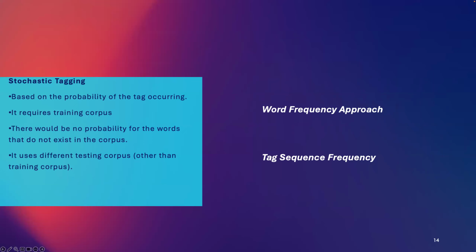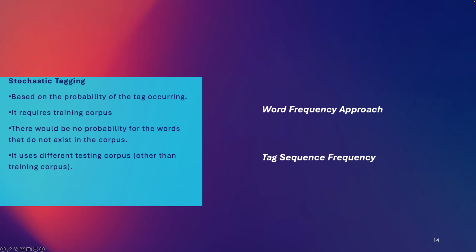There are a number of different approaches to the problem of part of speech tagging that can be referred to as stochastic taggers. In this approach, how we separate words, or disambiguate, you will see the word disambiguate in the literature, so I wanted to underline it here a couple of times.